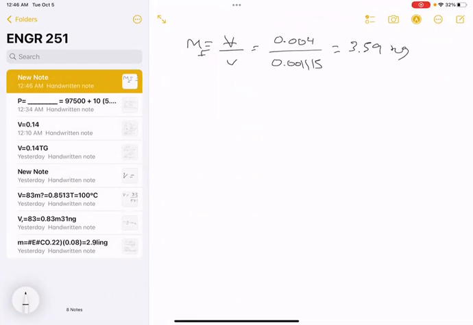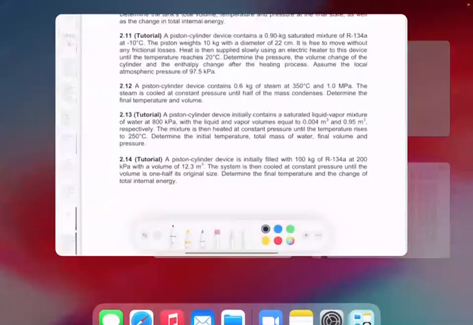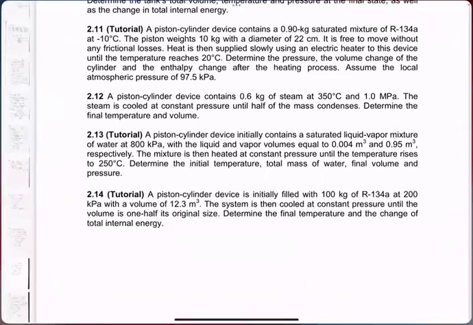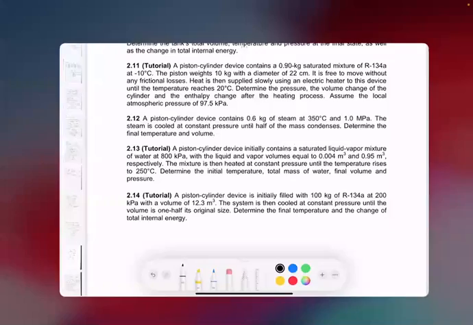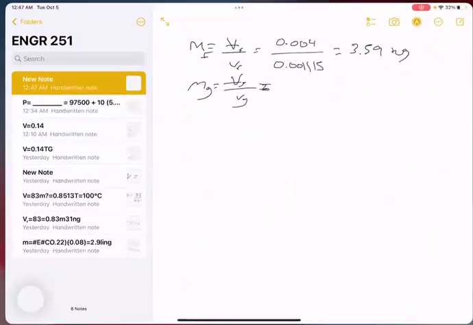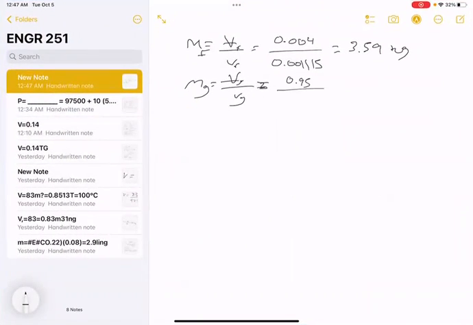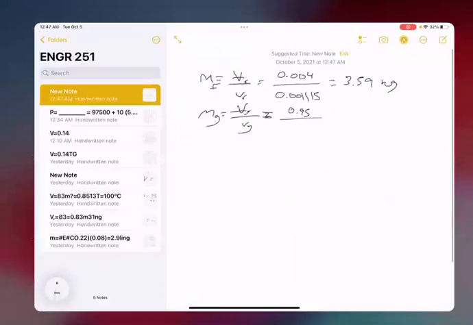We have some vaporized water as well. Sorry, I should be more specific. The mass of the vapor is that volume, again it's 0.95, divided by the specific volume of the gas.